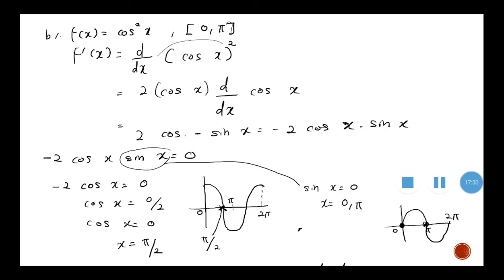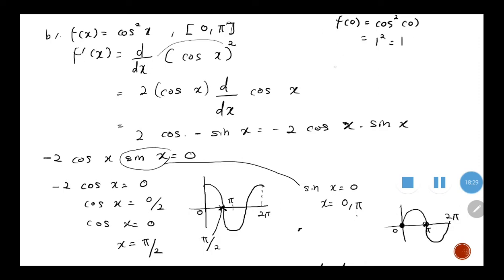Okay, so now we have how many critical values? We have 0, we have pi, and we have pi over 2. Now let's find the value when you include these critical values into the original equation. The original equation is cos square x. So cos square 0 is cos 0, you get 0.